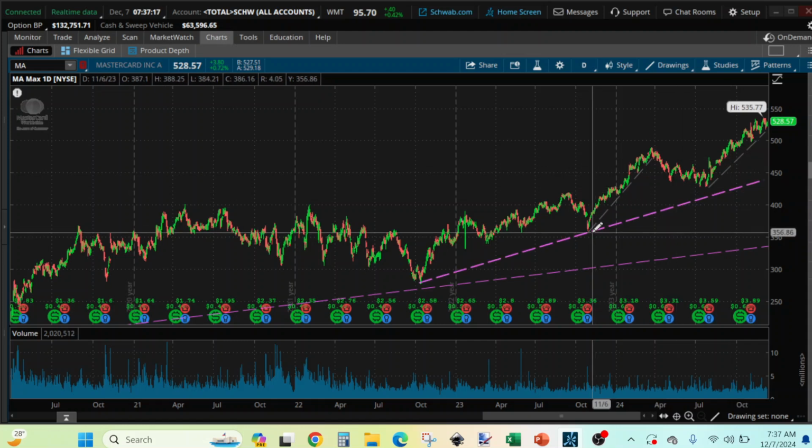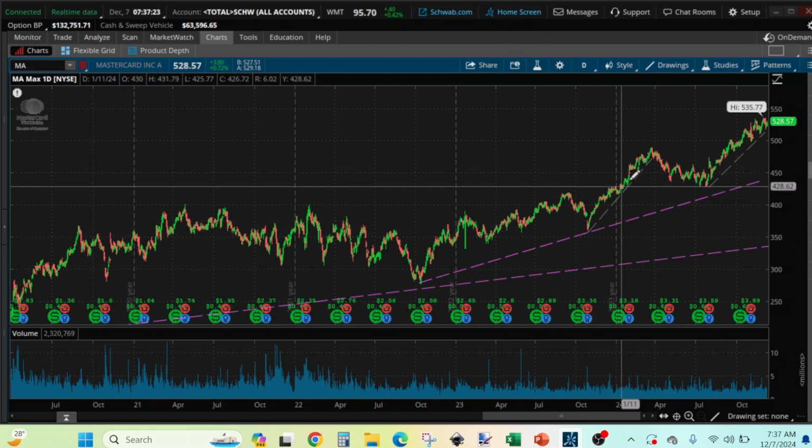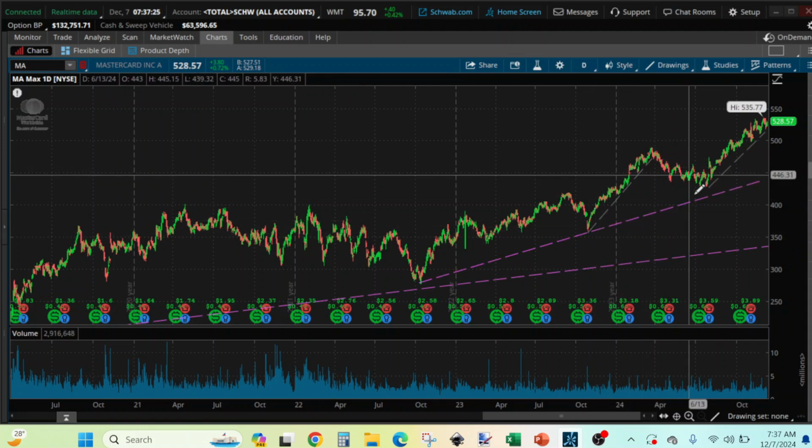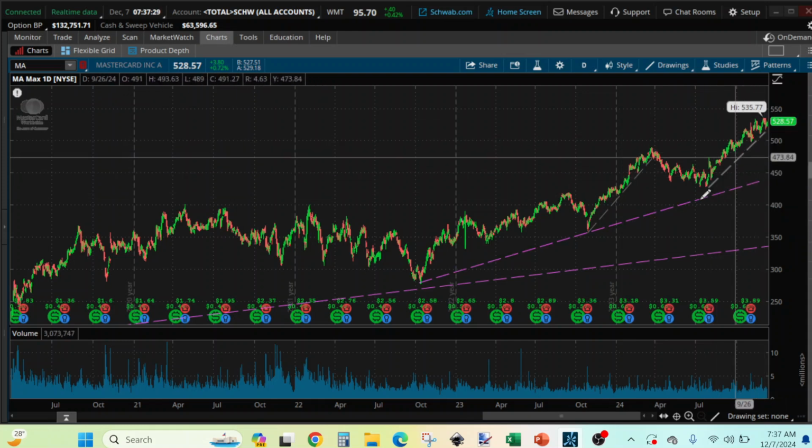But anyway, a riskier approach would be to trade it on the short-term trend line, which was our first approach during the year.